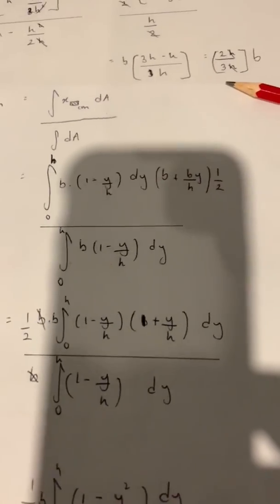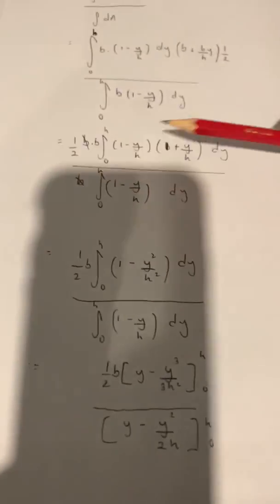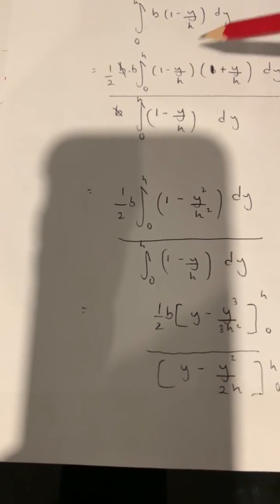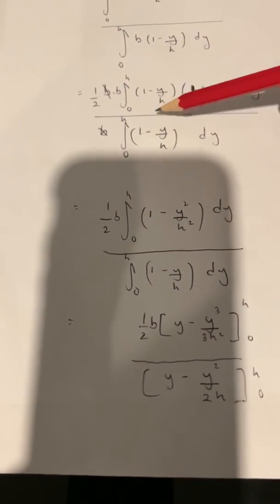I subbed in what we found previously and simplified it. Since this half is a constant, that's why it's out, and I just cancelled out the ones I could cancel out.